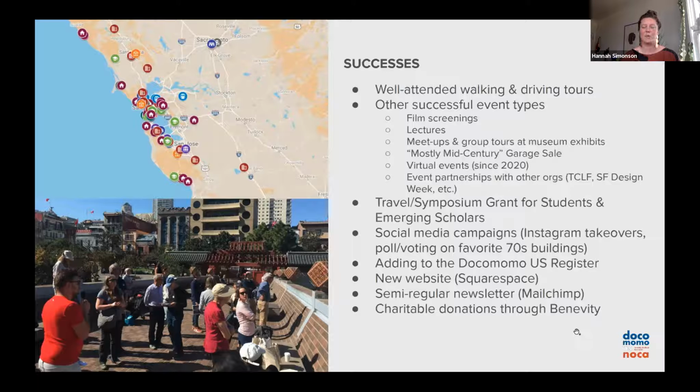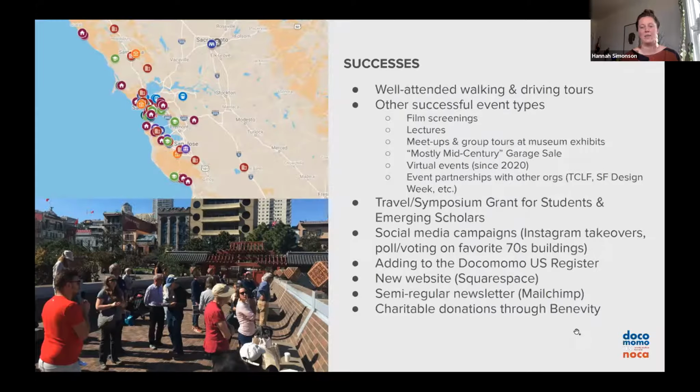And those have been really great ways to increase our visibility and get new members, because we're tapping into the membership and newsletter subscription network of those organizations. And they're aligned design or history preservation organizations. So that's always been a good strategy, I think.